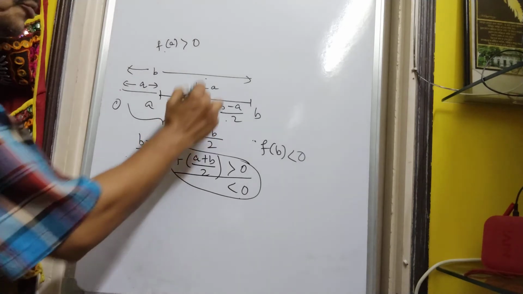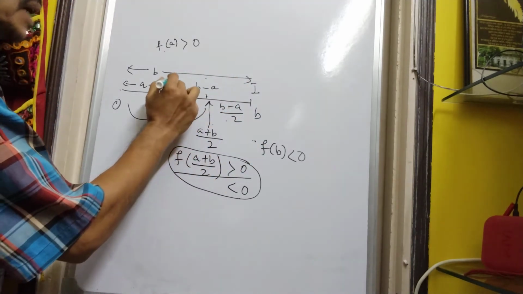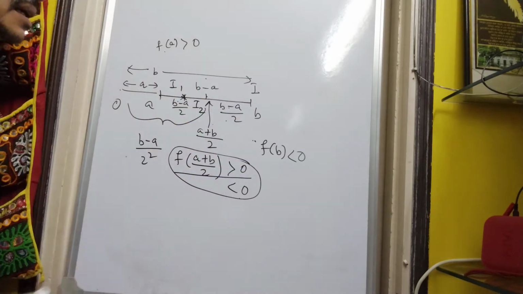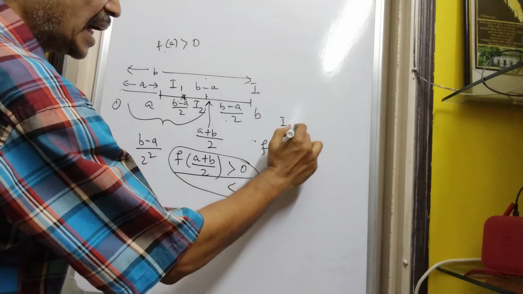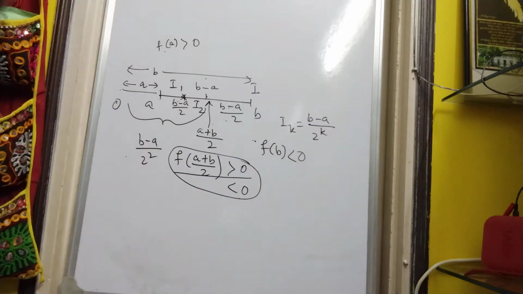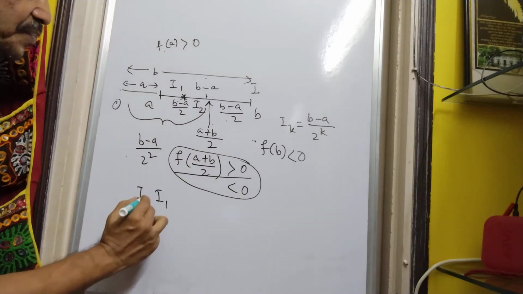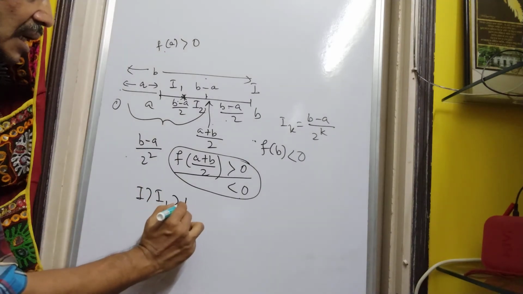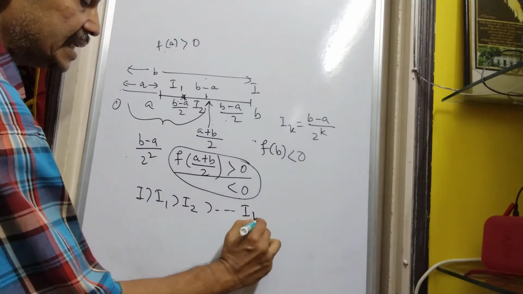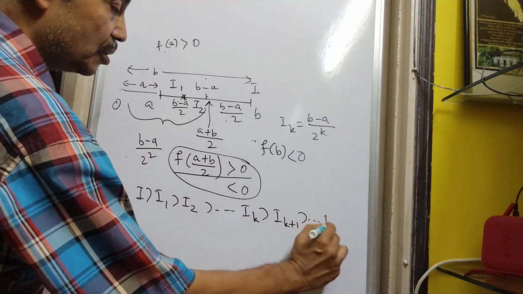Obviously, if we term this to be I and then this to be I1 and the subsequent to be I2 and then I3 and so on, then Ik will have length b minus a by 2 to the power k, and we have the nested interval where I contains I1, I1 contains I2 and so on, Ik plus 1 and so on. Okay.